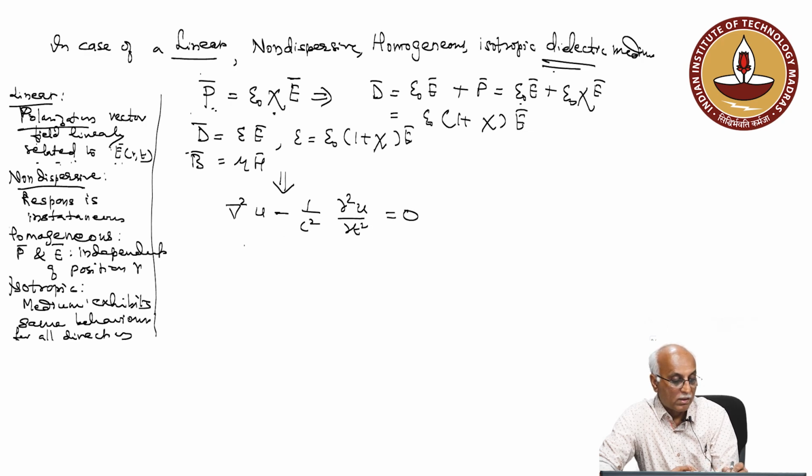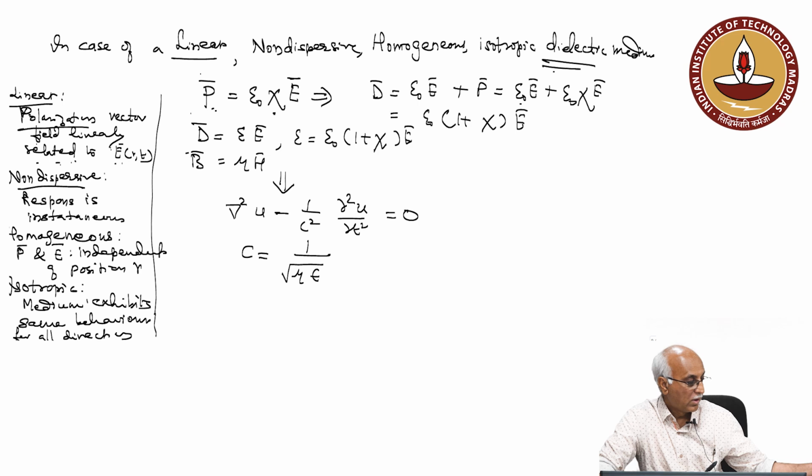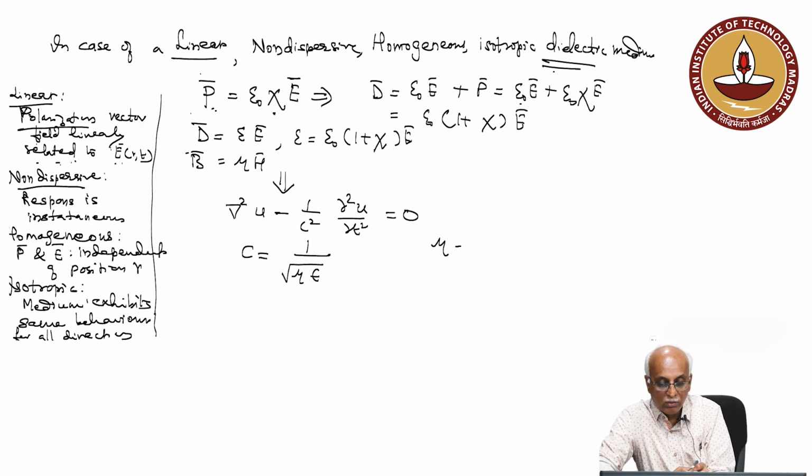Here now c is 1 upon square root of mu epsilon. In the previous case it was 1 upon square root of mu 0 epsilon 0. Mu we know is mu 0 mu r, and epsilon is epsilon 0 epsilon r.